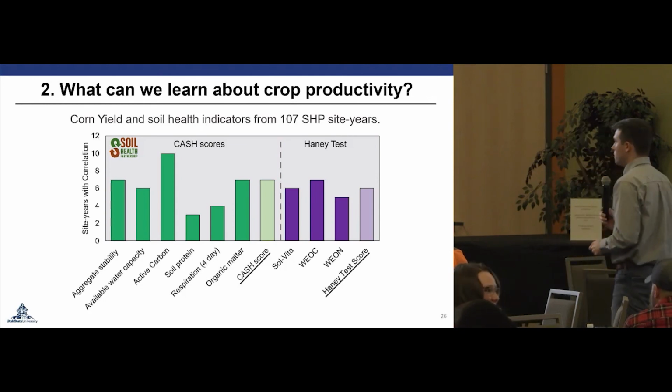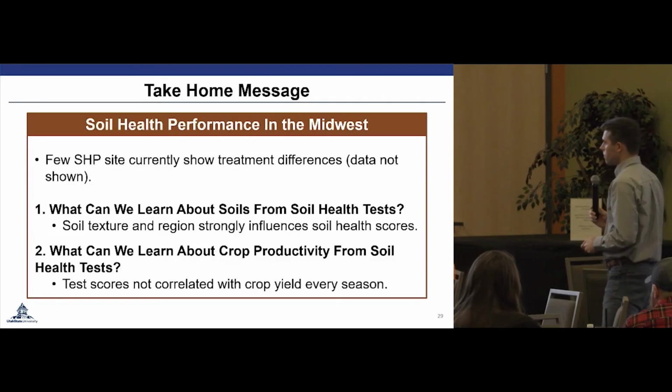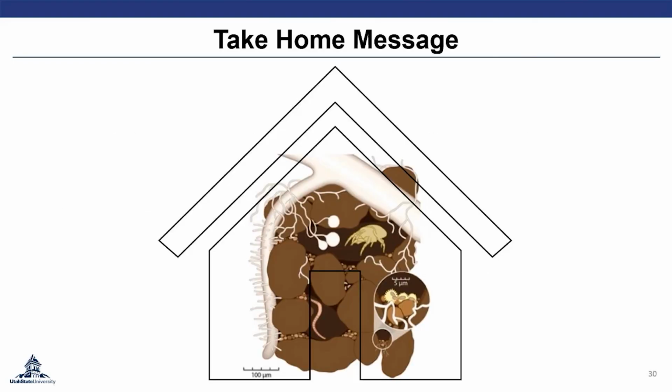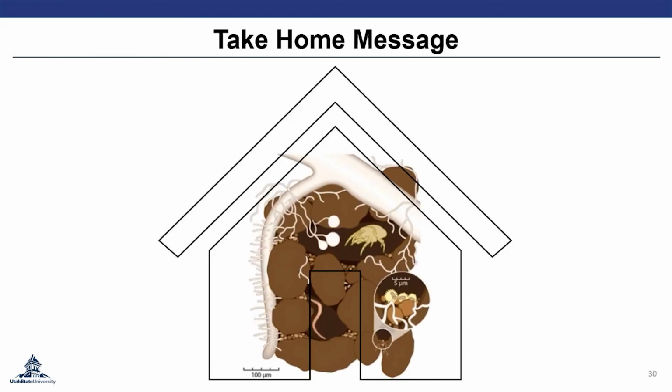So just to summarize really quickly, and I'm just about out of time here. In soil health, we're trying to build a house. We can't build a house in 1 day, or in this context, we can't build our soil health in just 1 season.